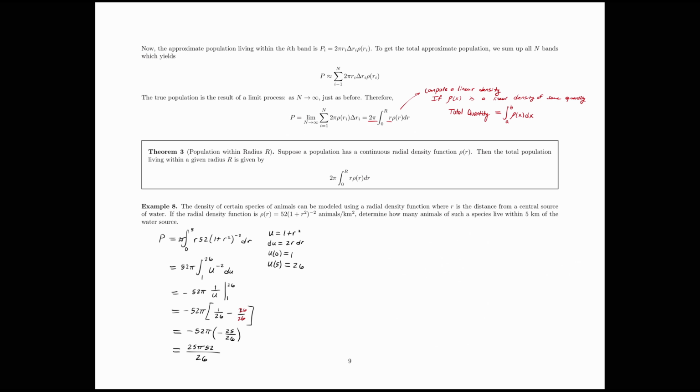And it says a certain species of animals, so let's just say animals. They didn't say what species of animals. Okay, because this is a density function of something that can't be a fraction, members of a population are whole numbers.